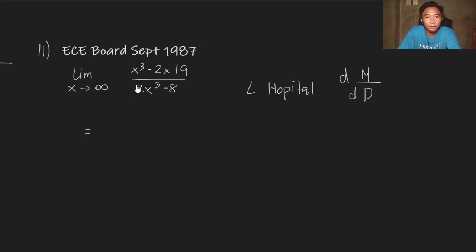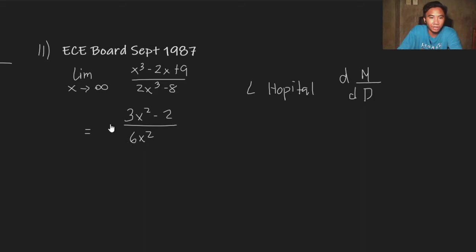So, ano bang derivative niyan? Simply itong 3, ibababa mo lang. So, 3x squared. And then, ito yung 1, mawawala lang. Yan, minus 2. And then, derivative ng constant is 0. So, ito naman, yung kabila. Yan, 3 all over 3 times 2 is 6x squared.